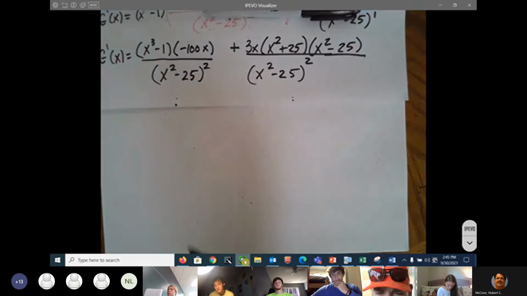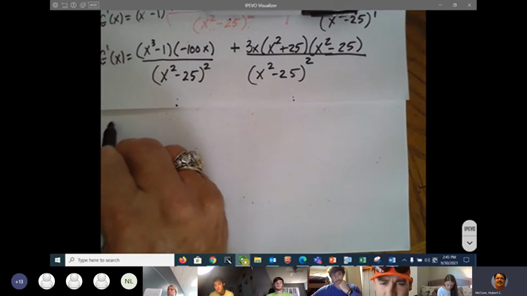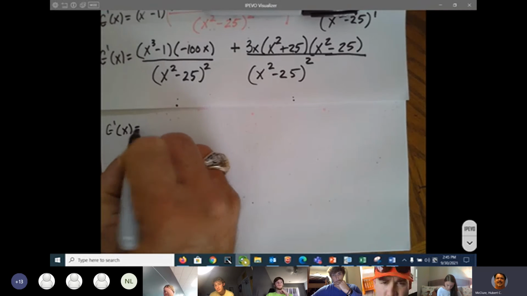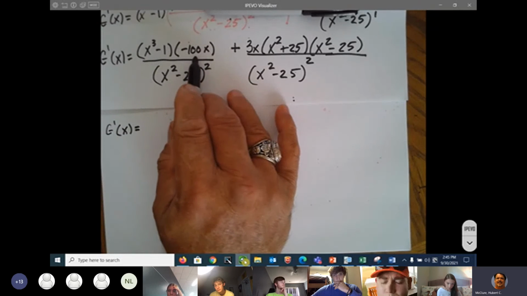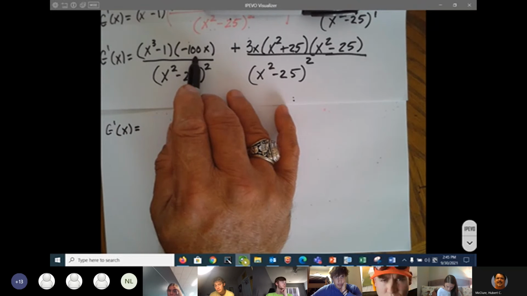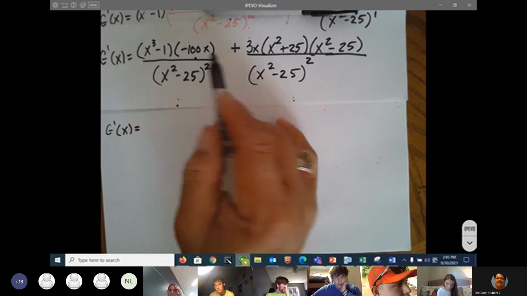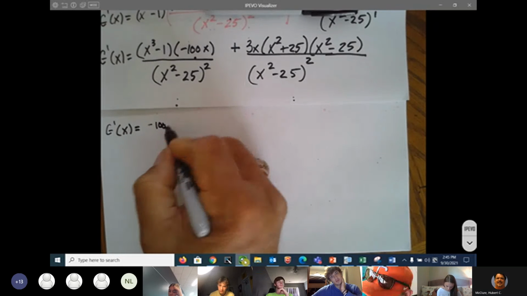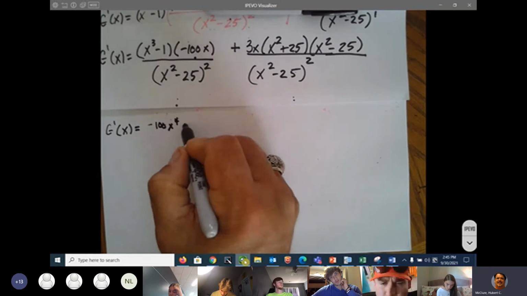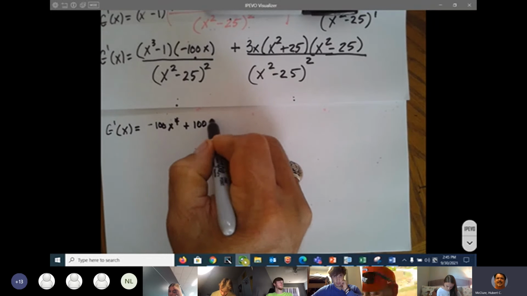So g prime of x is equal to, well, we can distribute that 100x with this. That will be negative 100x to the fourth plus 100x.